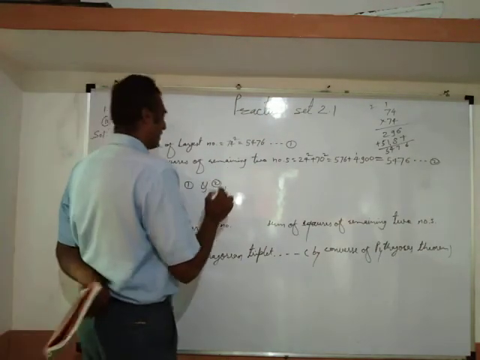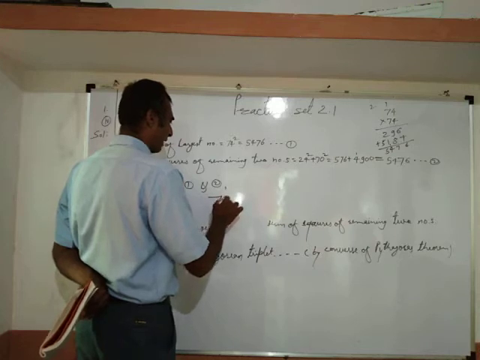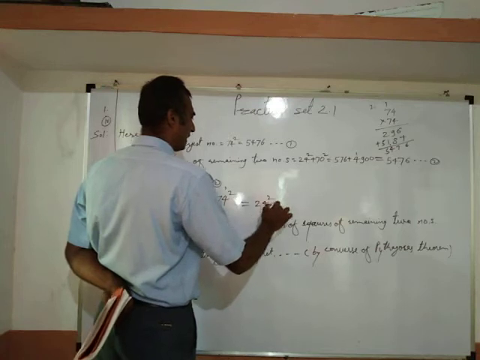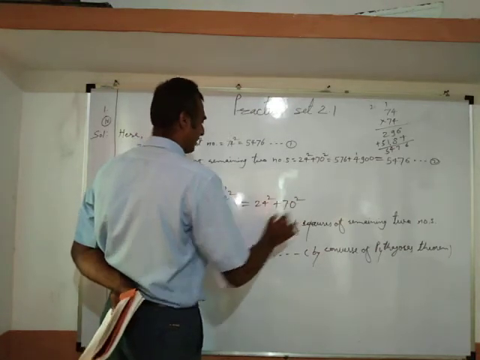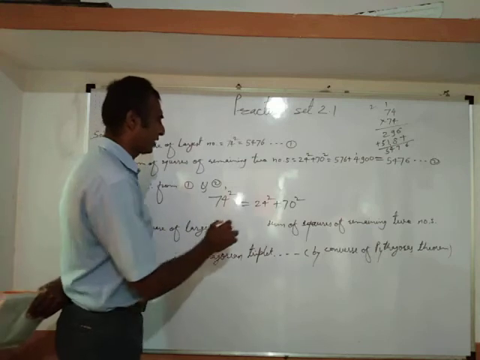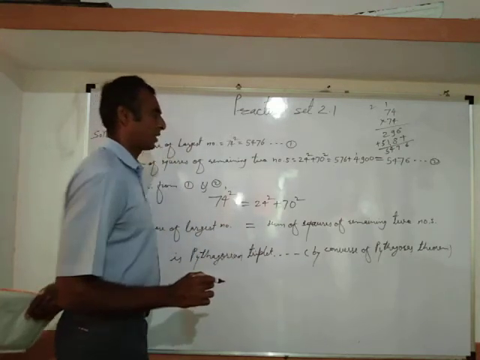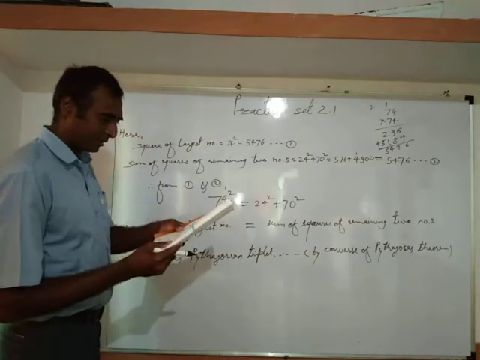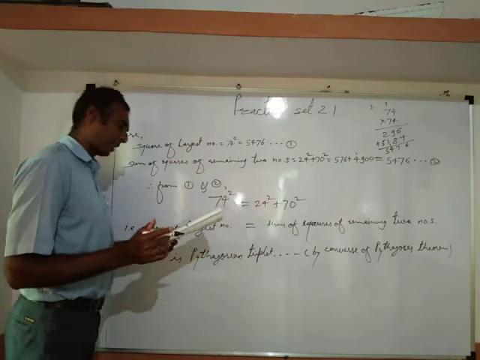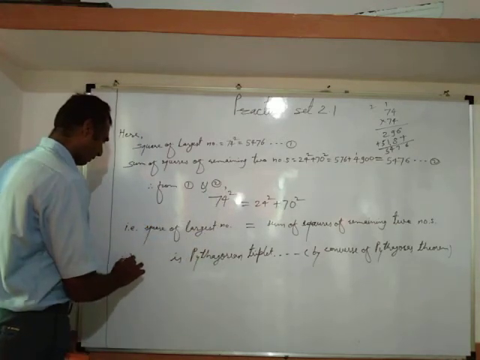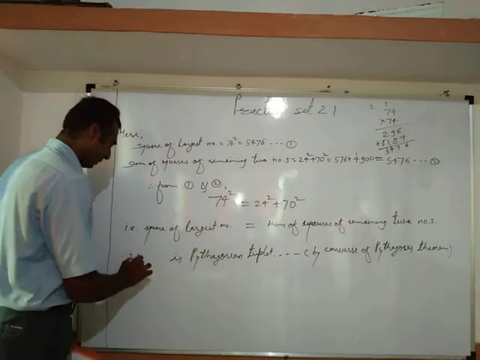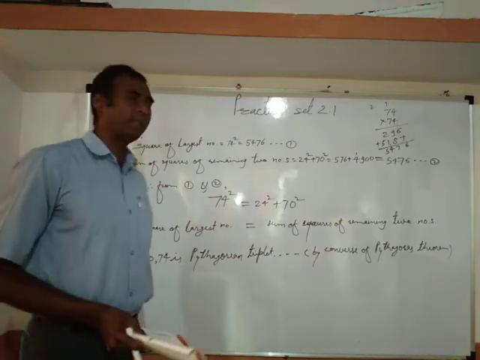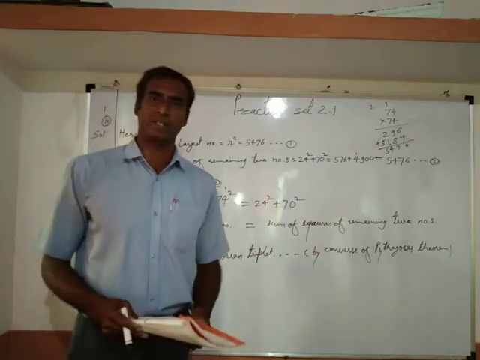And therefore from 1 and 2, 74 square equals 24 square plus 70 square. That is, the square of the largest number equals the sum of the squares of the remaining two numbers, and therefore the given triplet 24, 70, 74 is a Pythagorean triplet by converse of Pythagoras theorem.